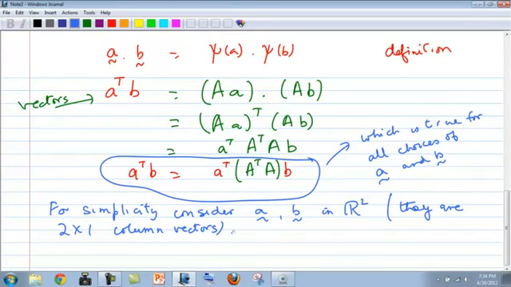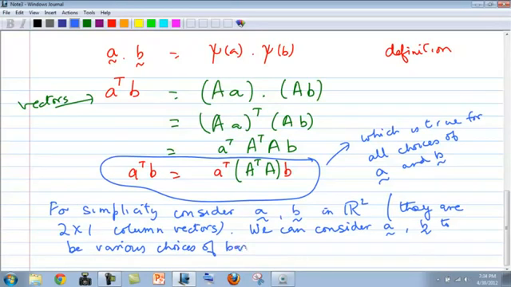So we can now consider A and B to be various unit vectors, various choices of basis vectors. Zero, 1 or 1, 0.